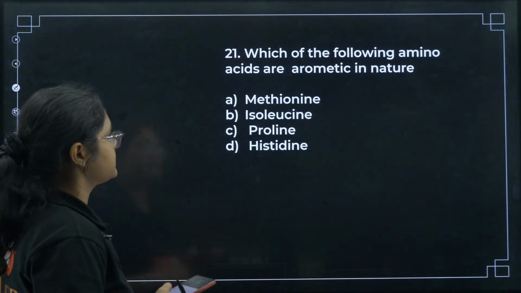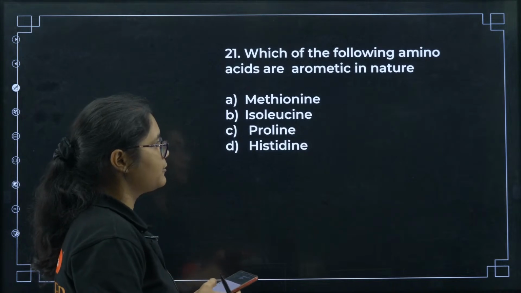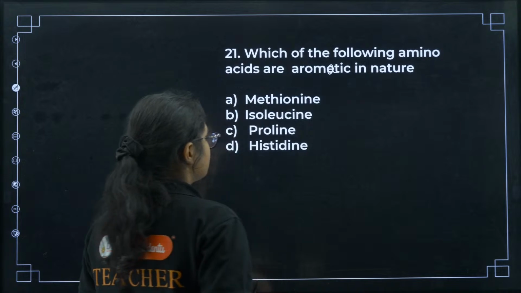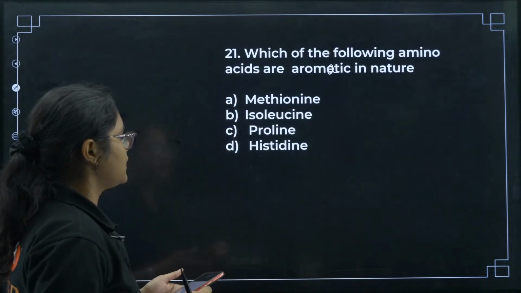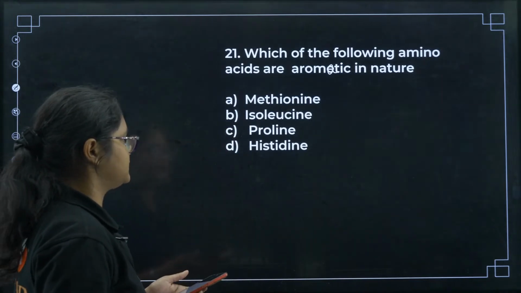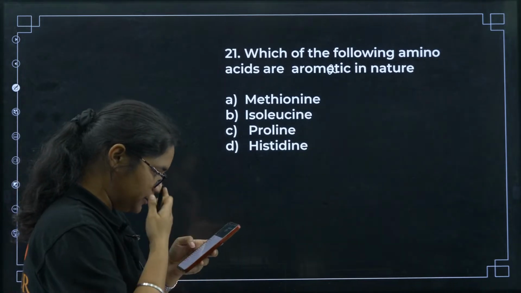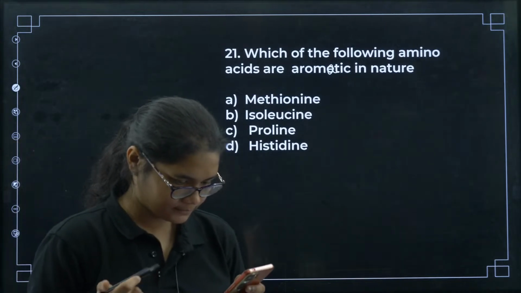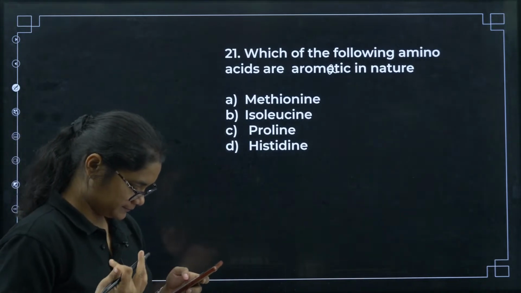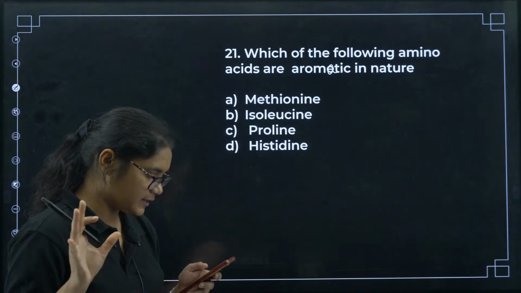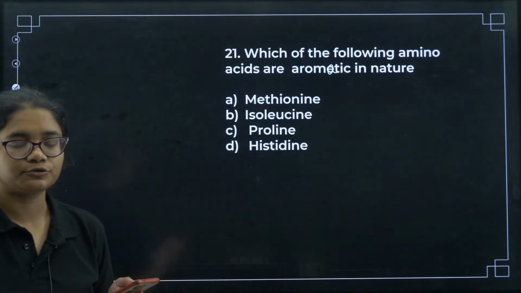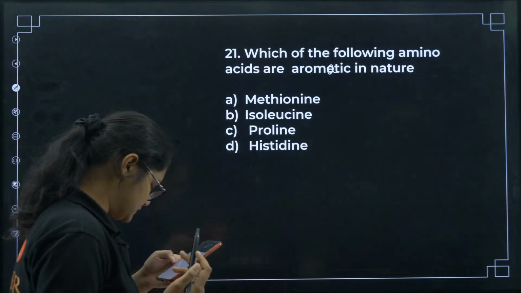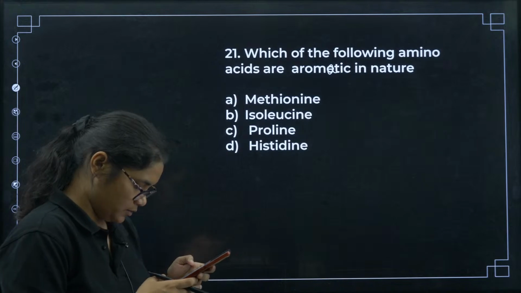Now coming to question number 21, which of the following amino acids are aromatic in nature? Methionine, isoleucine, proline and histidine. These are certain specific types of amino acids which you should know, like optically inactive and all.